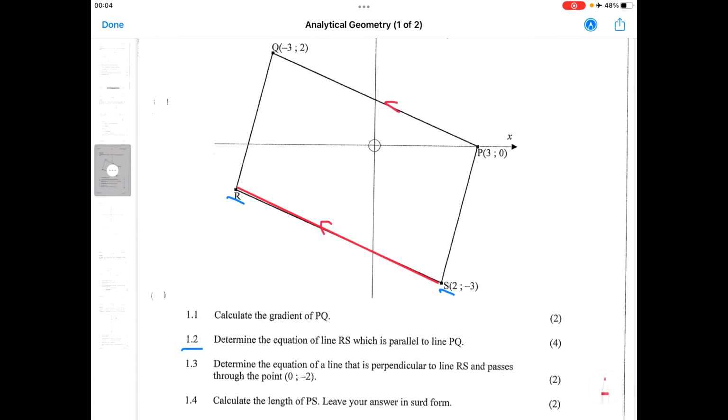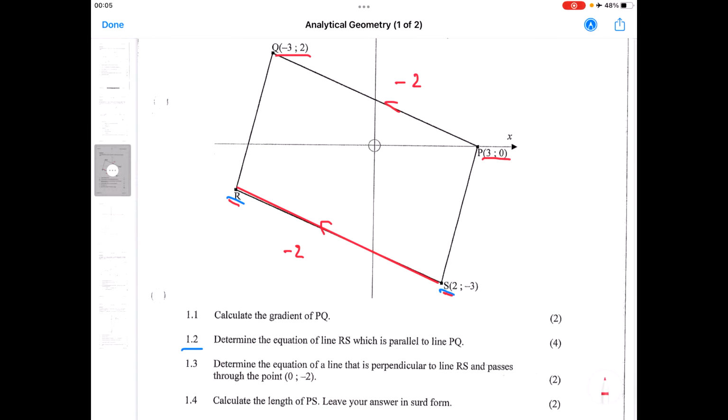And we know something about parallel lines. So that means the gradient of line PQ is equal to the gradient of line RS. Let's say, as an example, we got -2 as the gradient of PQ. So automatically the gradient of RS is also -2.